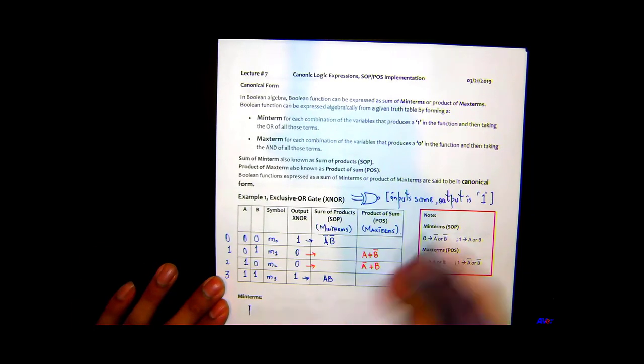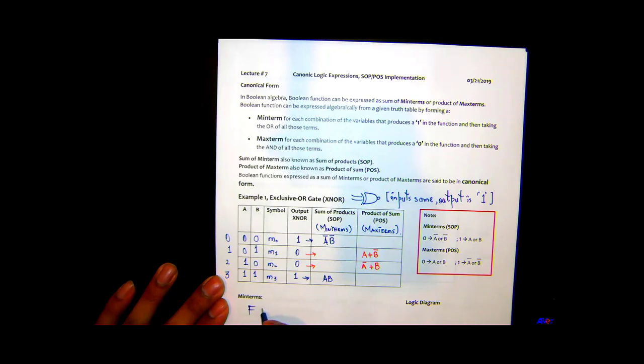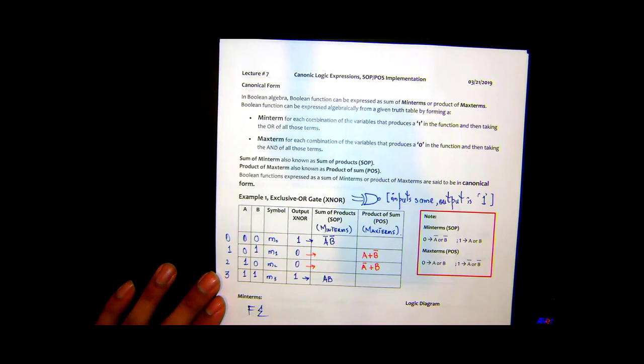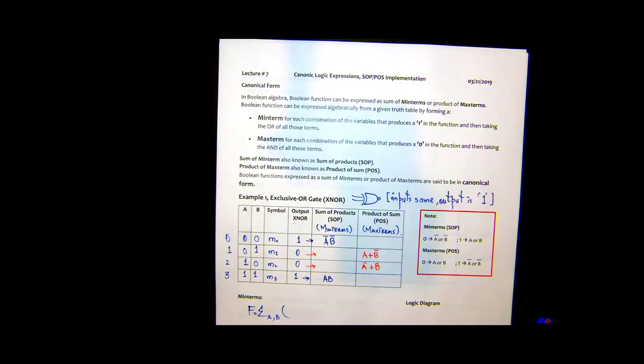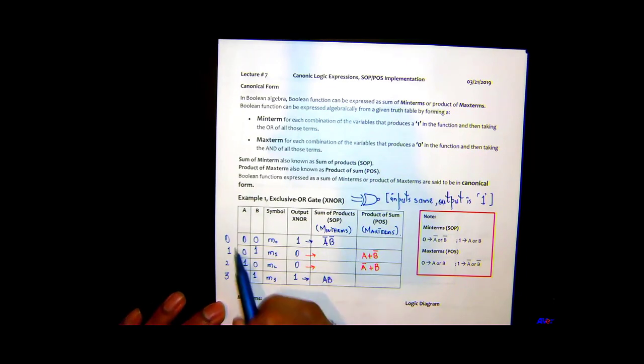So let's say F is my output, okay, and we use this summation sign for the minterms. And the variables, which are A and B, in the subscript, and you open the parenthesis. Because these are minterms, we are looking at ones in the truth table. And what are the decimal numbers for which the output is 1? 0 and 3, right?